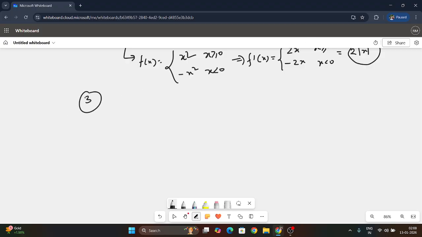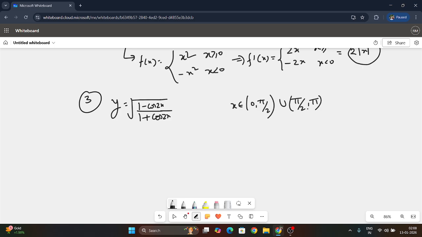Question number third: y is equal to root of (1 minus cos 2x) divided by (1 plus cos 2x), where x belongs to the open interval 0 to pi by 2, union pi by 2 to pi. Let's find dy by dx.